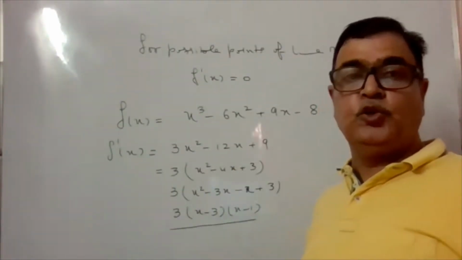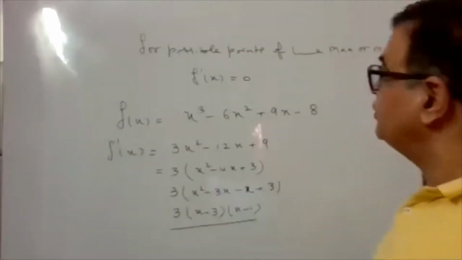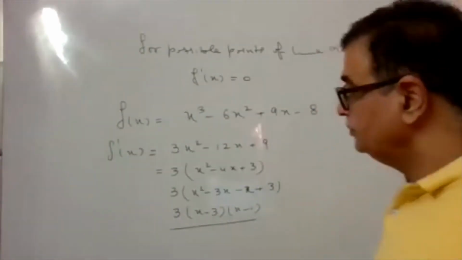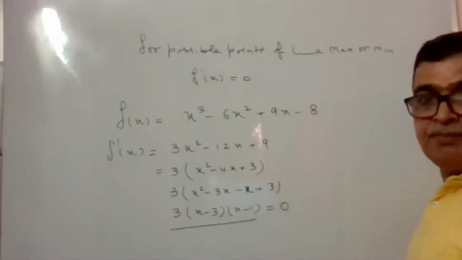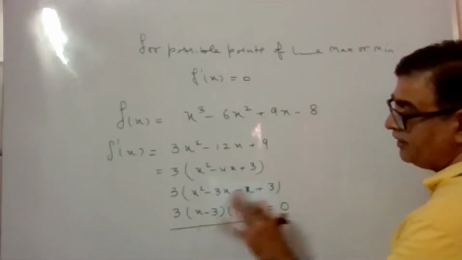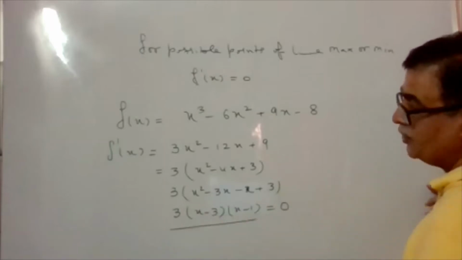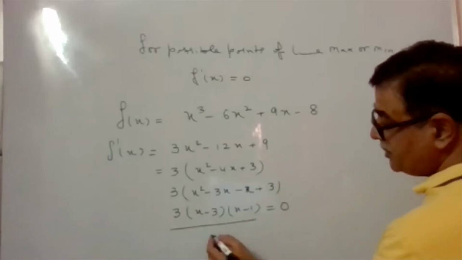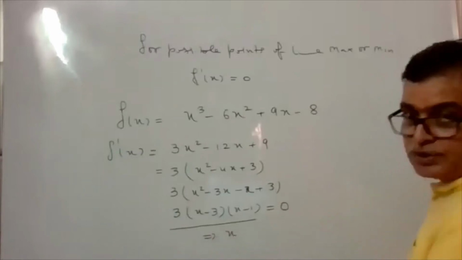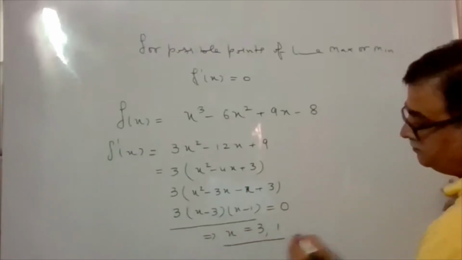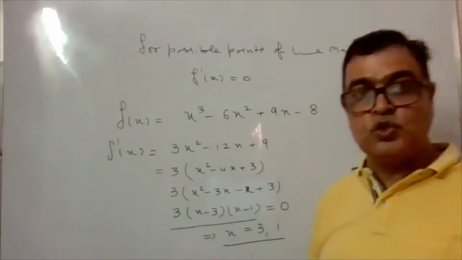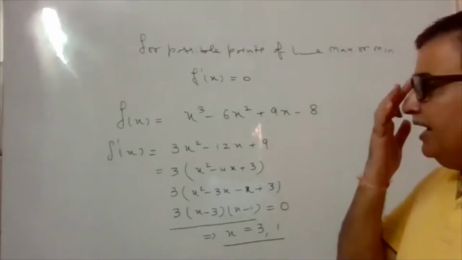If you want the point to be local maximum or local minimum, your derivative has to be 0. And if this derivative has to be 0, this is equal to 0, next step. That shows x is coming 3 or 1. So 2 points we got, x is 3 and x equal to 1.